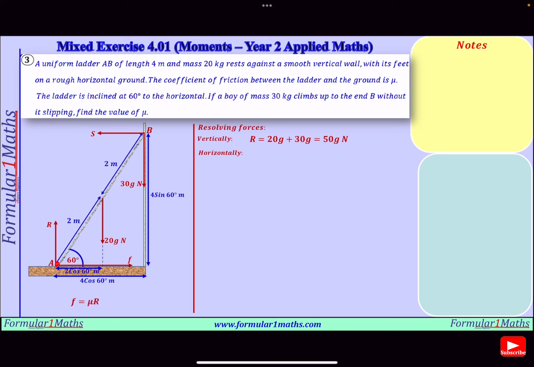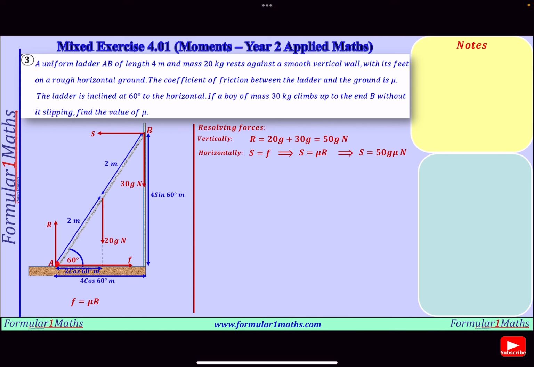Resolving horizontally, there are only two forces acting horizontally: the reaction force S and the frictional force F. And because the ladder is in equilibrium, it means S is equal to F. But we already have established the fact that F is equal to mu R. That implies that S is equal to mu R. We know the value of R, so it means S is equal to 50G mu.